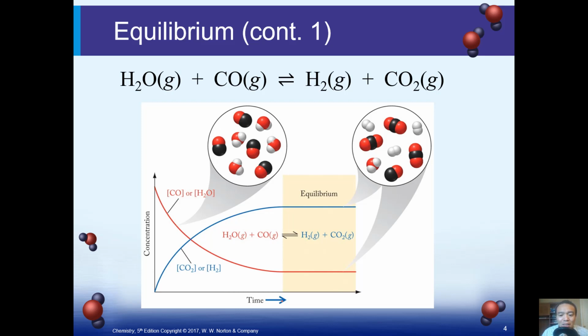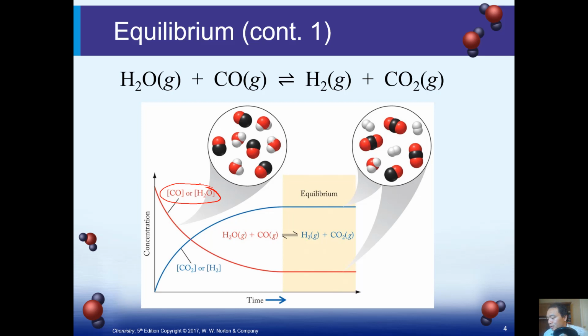If we start with an equal amount of water and CO, as you see over here, the forward reaction will proceed rapidly in the very beginning because the CO and the water are converted to hydrogen and carbon dioxide.